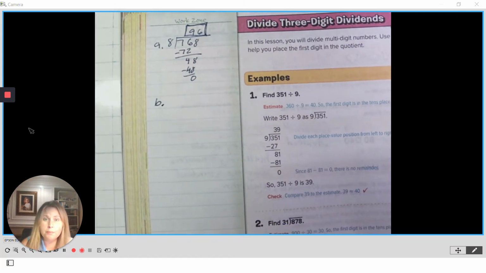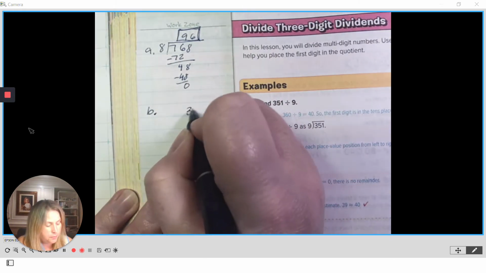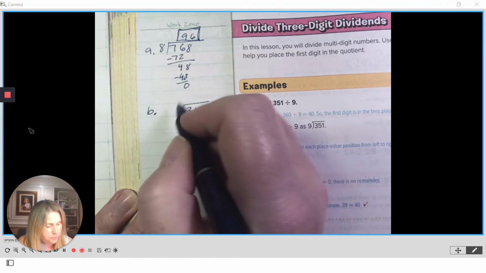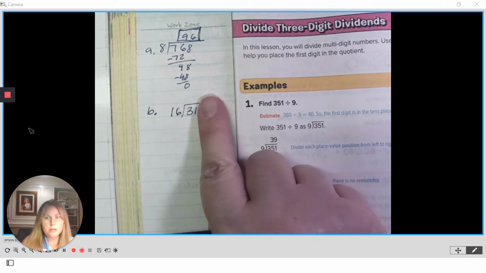Okay, and if we look at Got It B, down at the bottom of the page, we have 318 divided by 16. Okay, so 16, does it go into 3?